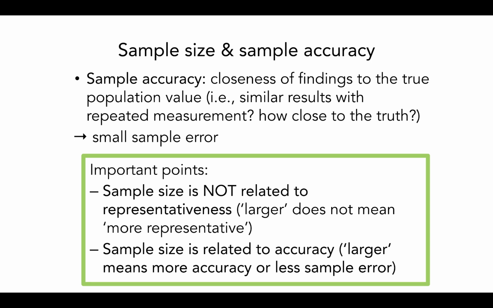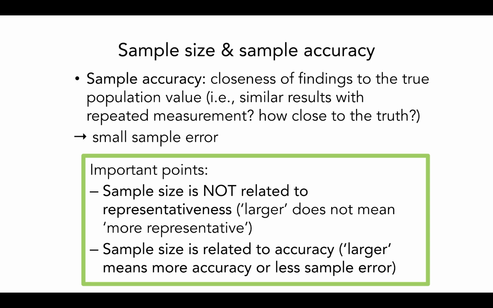But if I gather a sample, will that sample give me an accurate estimate of what the population's shoe size will be? So this gives you an idea already of what accuracy is. Accuracy really means how close are your findings from your sample to the truth, so to the actual population's findings that of course you don't know because you never asked the whole population.